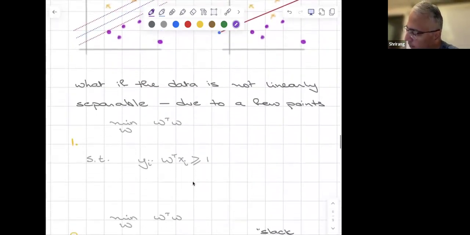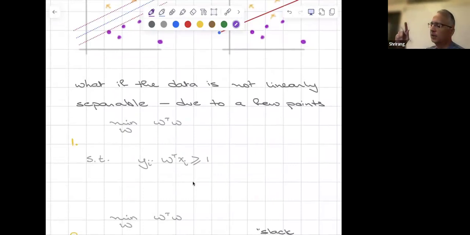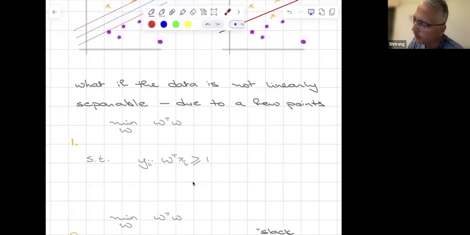Right now, my formulation is the alternate formulation that I had. So rather than saying I want to maximize Y W transpose X, I'm going to say I want to minimize W transpose W such that Yi W transpose Xi is greater than or equal to 1 for all the i's, for all the points.